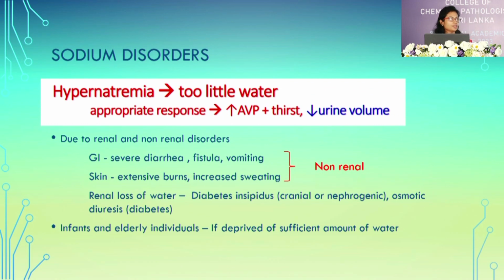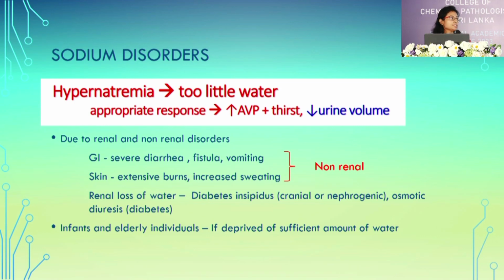Moving on to sodium disorders, hypernatremia, that is high serum sodium. It can be renal or non-renal. Non-renal can be due to increased water loss through GI tract or skin. And increased renal loss of water can be seen in disorders such as diabetes insipidus or diabetes mellitus.